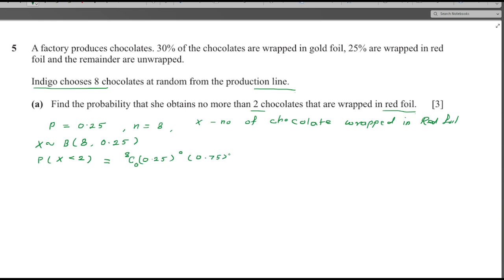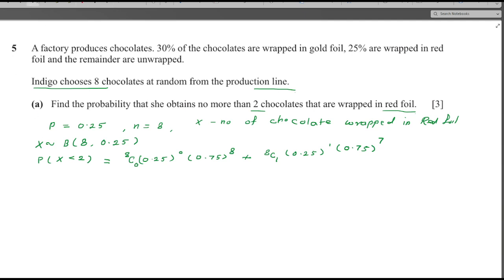So it is 0.75 power 8 plus 8C1, 0.25 power 1 into 0.75 power 7. Okay, here I'm applying the formula for binomial distribution. These two terms, because it is less than 2, so it is either 0 or it is 1.